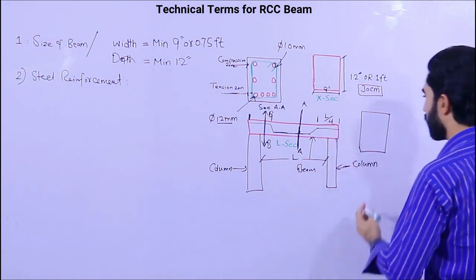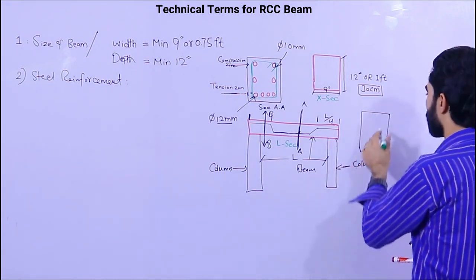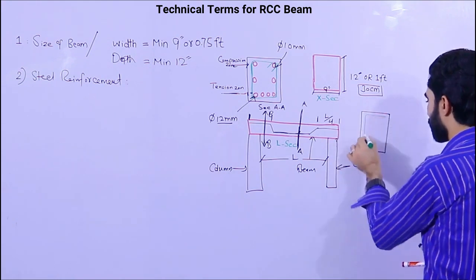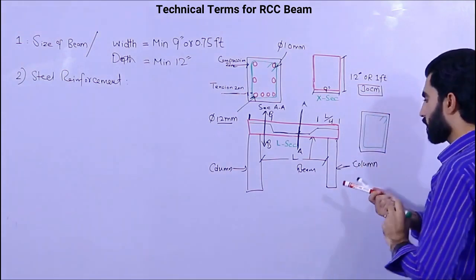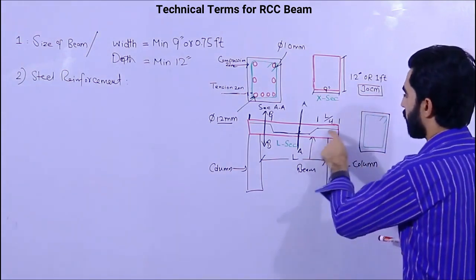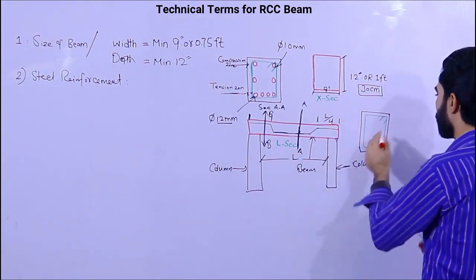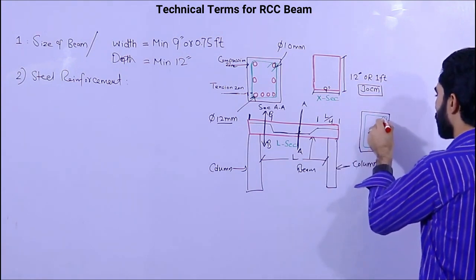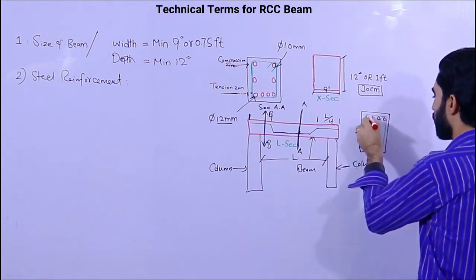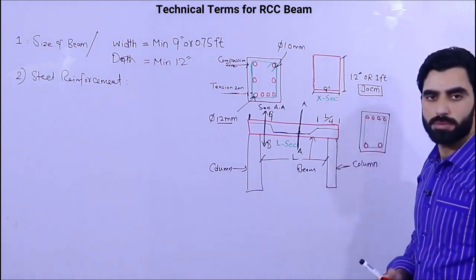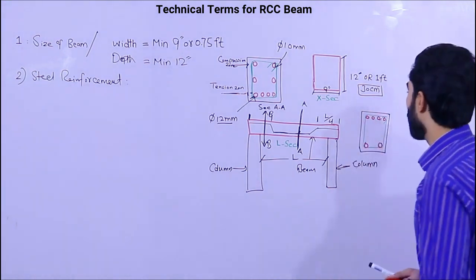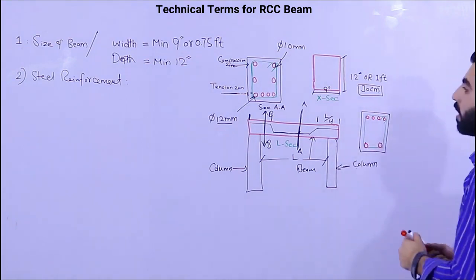Now you can see this is the stirrup. When we bend up the bar like this, we will see 4 steel rods at the top and 2 at the bottom. So guys, this is the bent up bar.